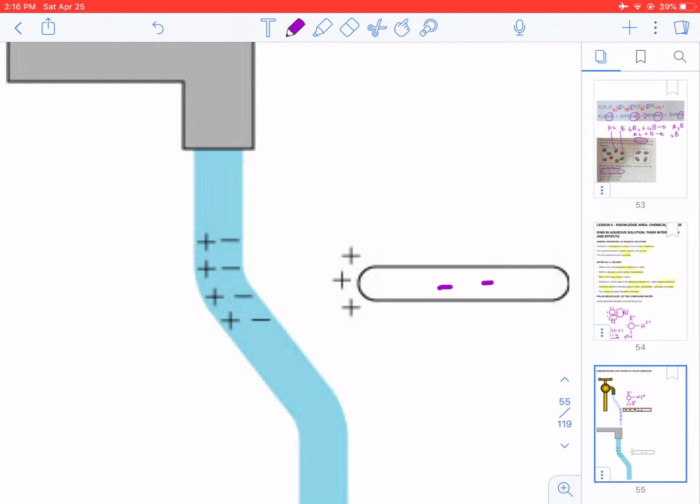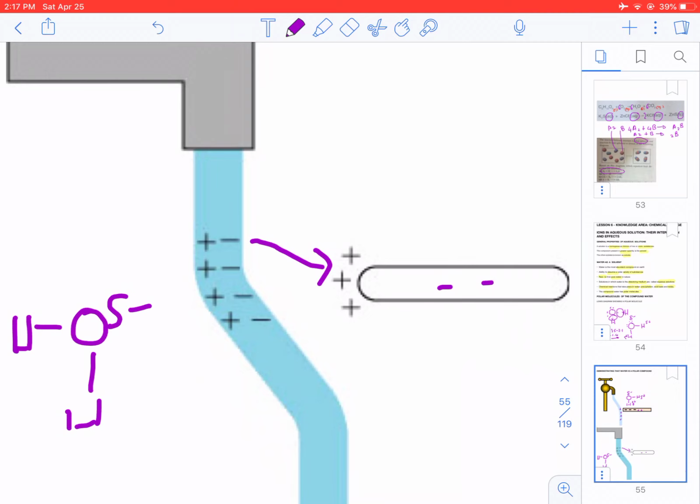Again, here you'll find the negative end of your water molecule gets attracted to the rod. That end is slightly negative, so the oxygen part of your water molecule gets attracted to the rod. So that's how we interpret it.